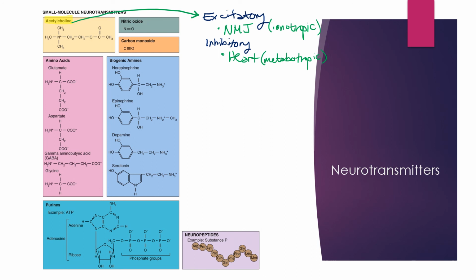Our next neurotransmitters would be our amino acids. There are several amino acids that act as neurotransmitters in the central nervous system. Ones like glutamate and aspartate have really powerful excitatory effects.